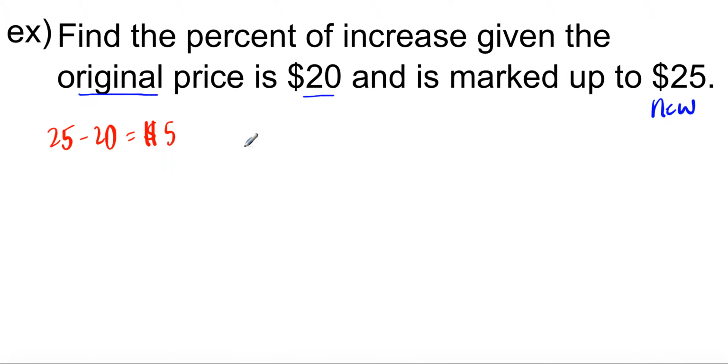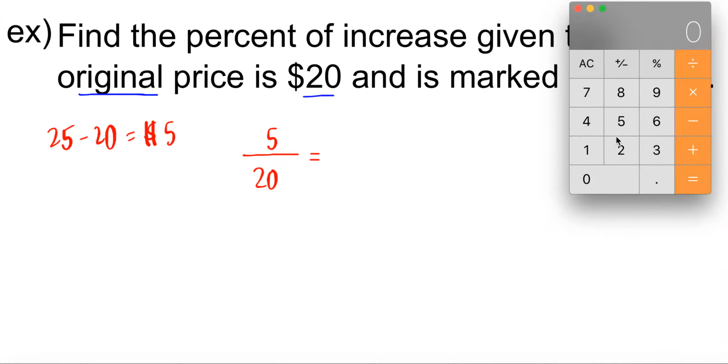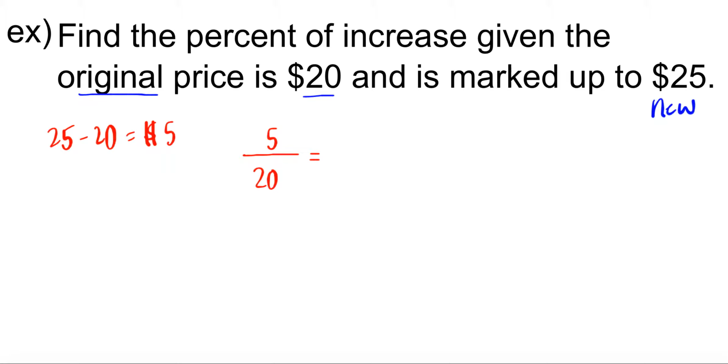Then we want to take that difference, 5, and divide it by the original, which is 20. And I'm going to use my calculator to do this, so let's pull that out. If we take 5 divided by 20, we get 0.25.